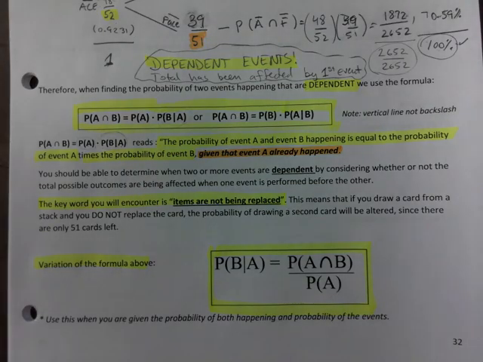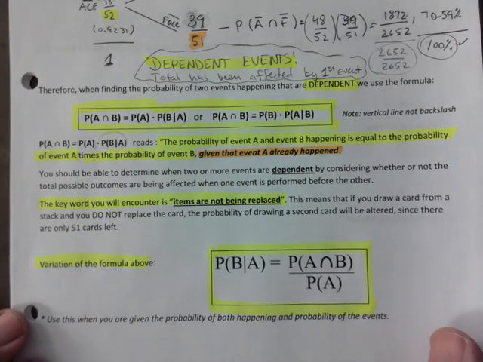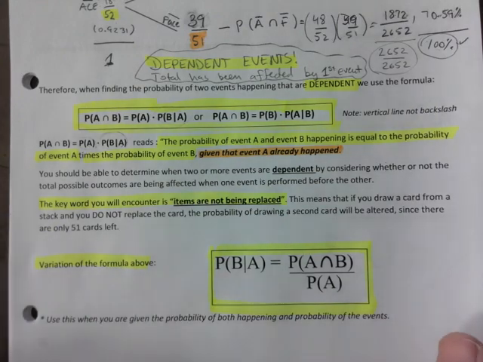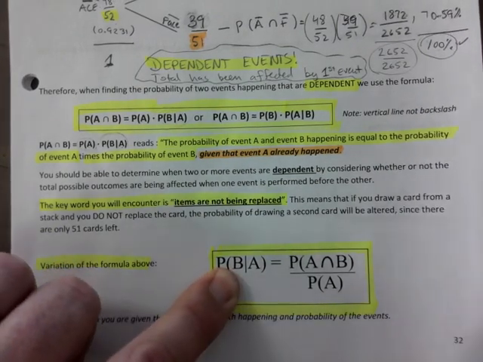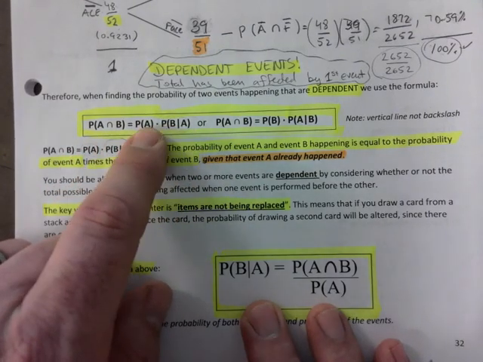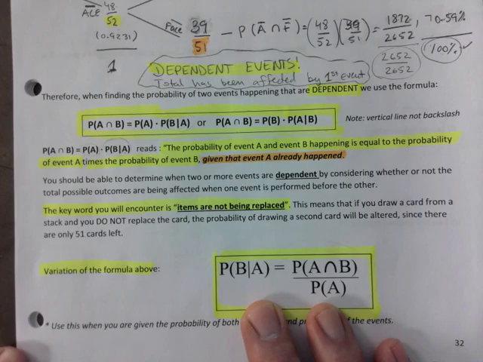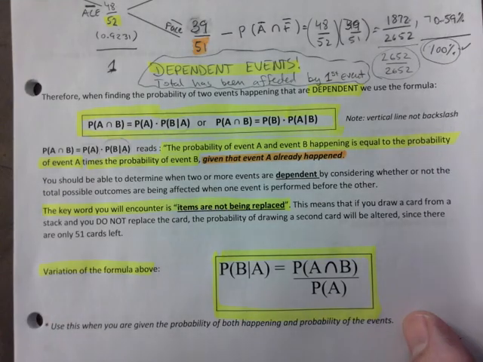I will give you some examples so you know when to use this one. But to be honest, you could just always stick to this one, plug in which ones you know, and then find the other one.